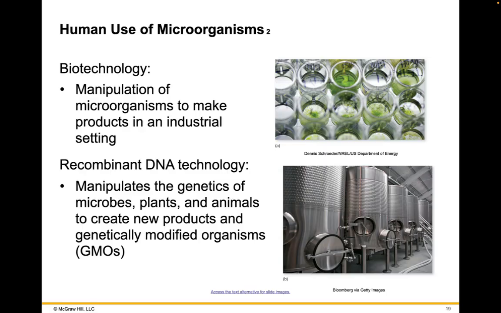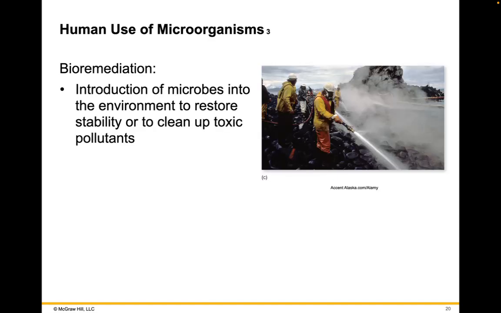Biotechnology is the manipulation of microorganisms to make products for industry, and recombinant DNA technology, which we'll study later, manipulates the genetics of microbes or plants and even animals to create new products, and we call those GMOs. Bioremediation uses microbes to restore stability in our environment and clean up toxic pollutants. For example, there's bacteria that eat oil.